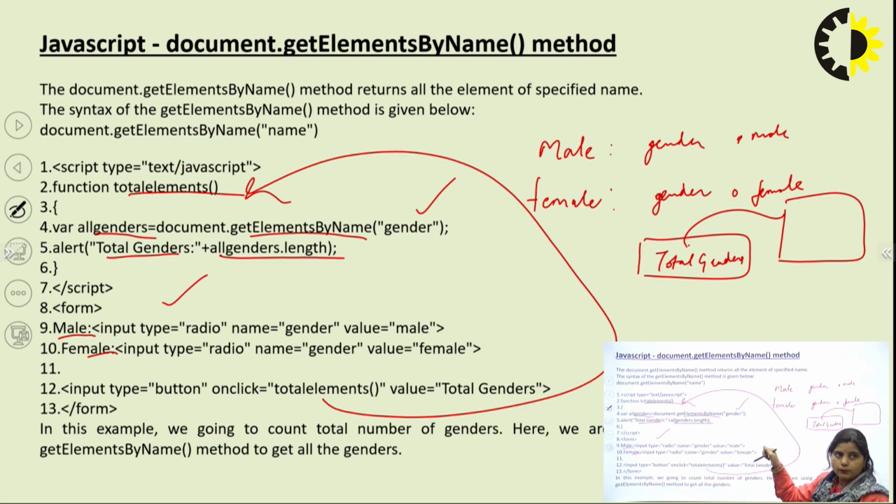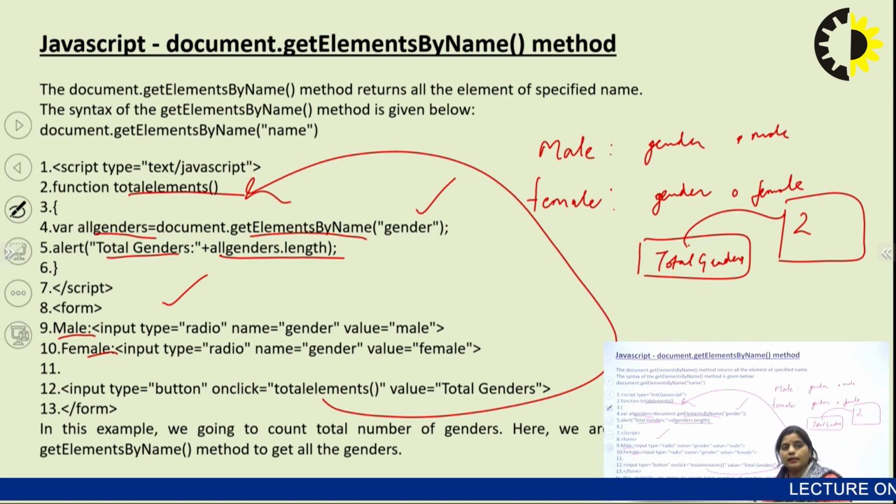In the given program we have only 2 genders, so it will display the value 2 in that alert box. So in this example we have counted the total number of genders using the specified name method. Here we are using the getElementsByName method to get all the genders in the given program.